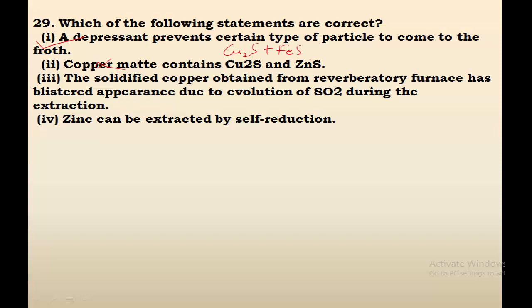The solidified copper obtained from the reverberatory furnace has a blistered appearance due to evolution of SO2 during the extraction. Yes, which is known as blister copper. Zinc can be extracted by self-reduction. No, it is extracted by reduction with coke or carbon. So 1 and 2 are the correct statements.